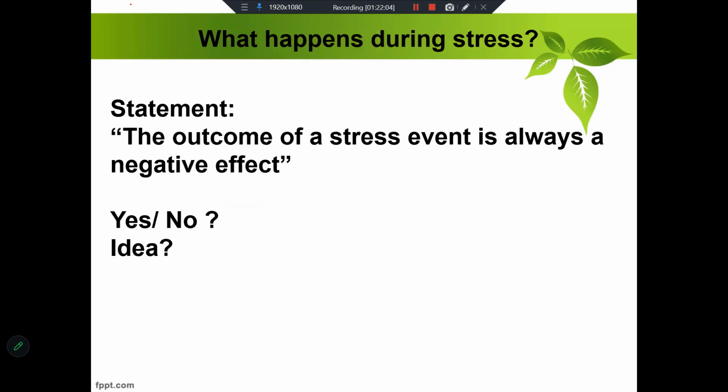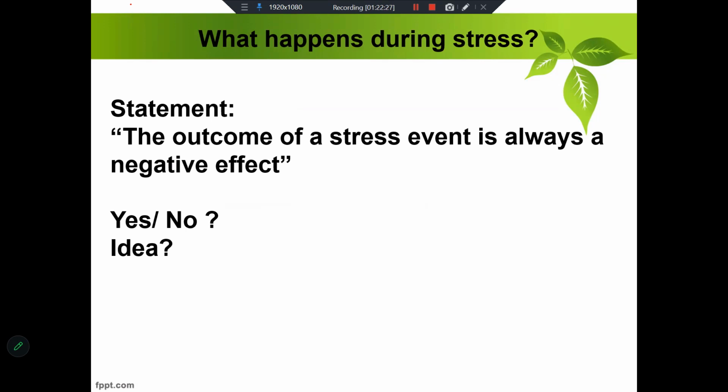Okay. Now we are going to talk about what actually happens during this stress. Before that, let's talk about this statement: the outcome of a stress event is always a negative effect. What is your idea? Yes or no?